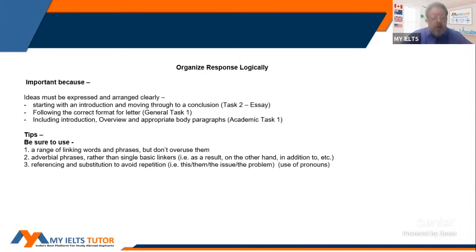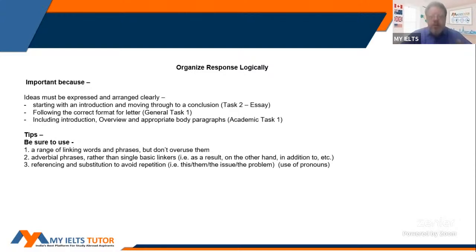Okay, so now referencing and substitution. You want to make sure you use referencing and substitution to avoid repetition. A lot of times I see in essays repeating the same noun, okay? So you want to use pronouns such as this, them, they, or the issue, the problem, okay?